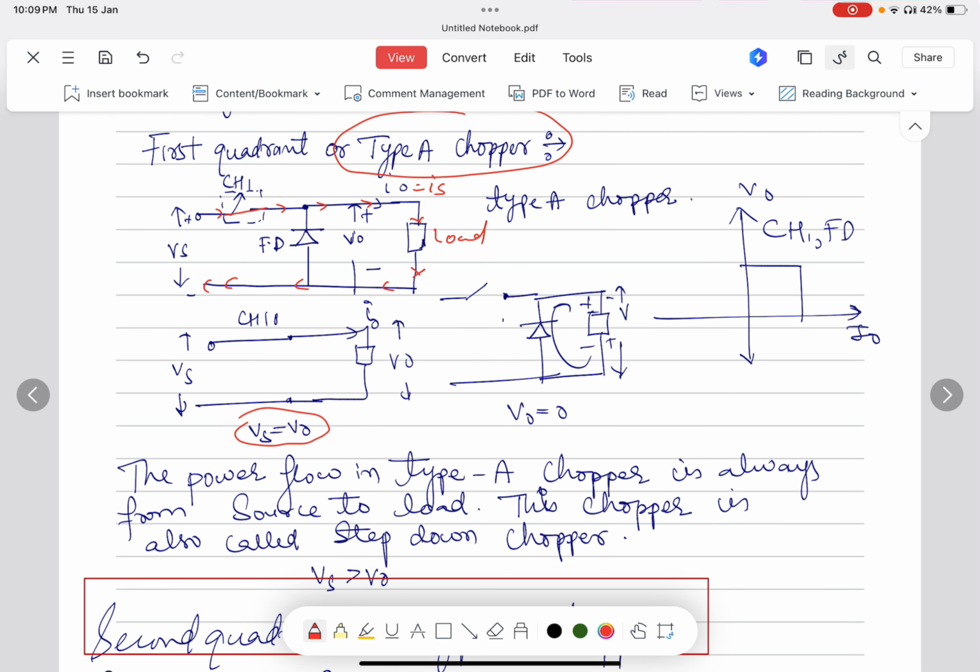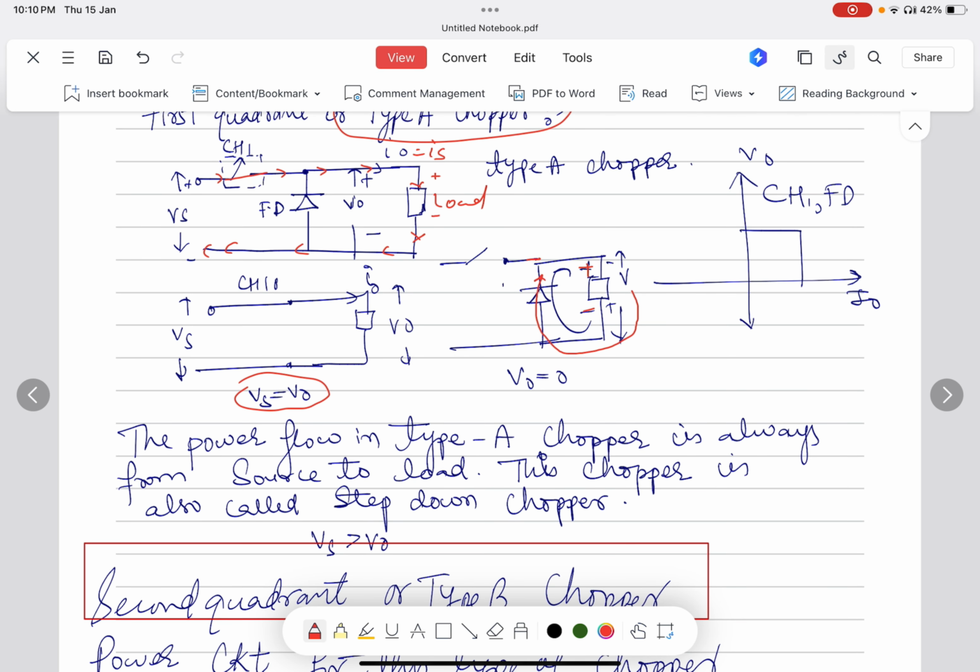When this switch is on, the inductor is charged with polarity plus minus. It then reverses its polarity to minus plus, and starts conducting through the freewheeling diode. So now the output voltage is equal to 0.